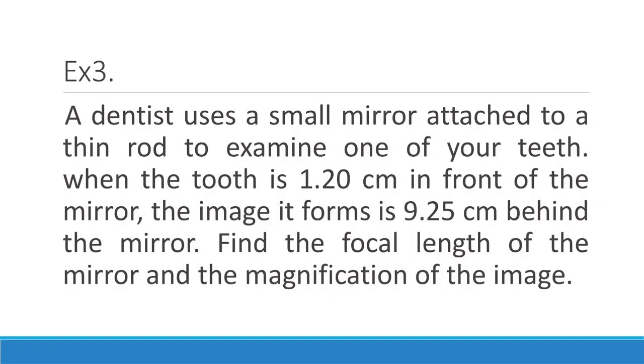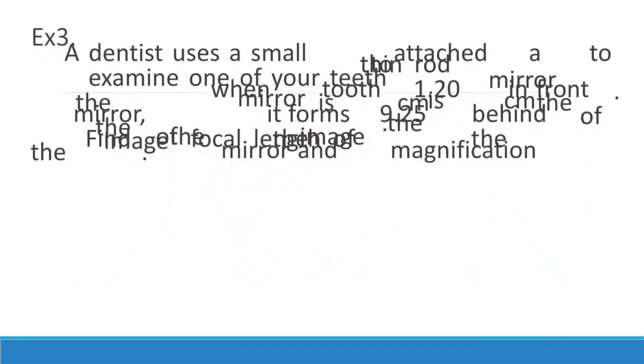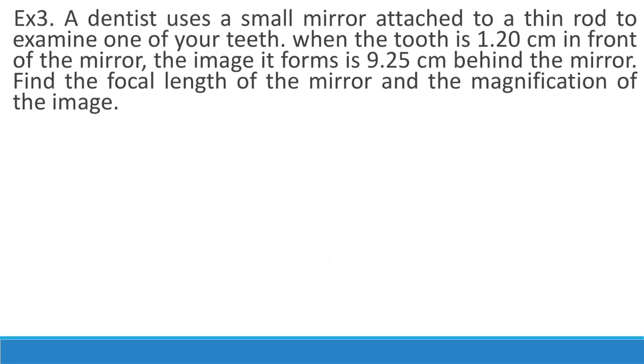Find the focal length of the mirror and the magnification of the image. Here we have dO is equal to 1.2 centimeters. dI is negative 9.25 centimeters. And we need to find the focal length and the magnification of the tooth.